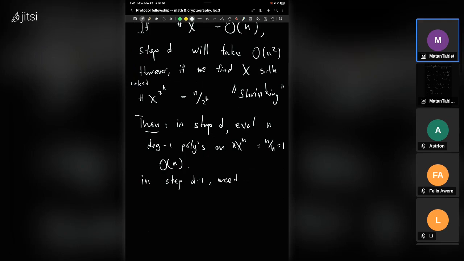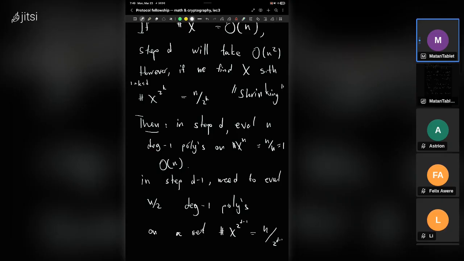So in step d minus 1, I need to evaluate n over 2 degree 1 polynomials on a set x to the 2 to the d minus 1, which is a set of size, by assumption, n over 2 to the d minus 1.